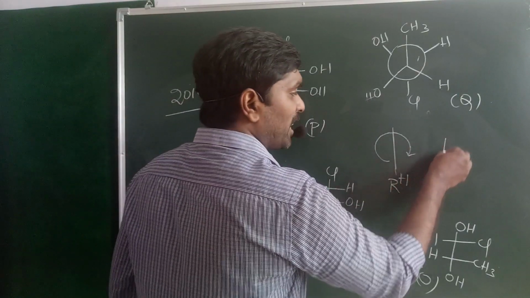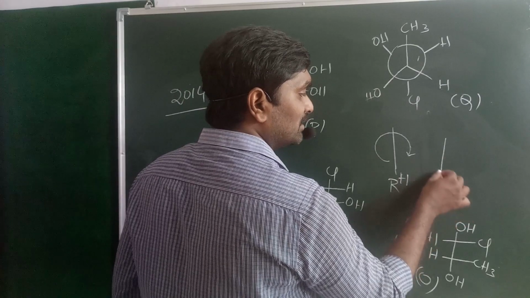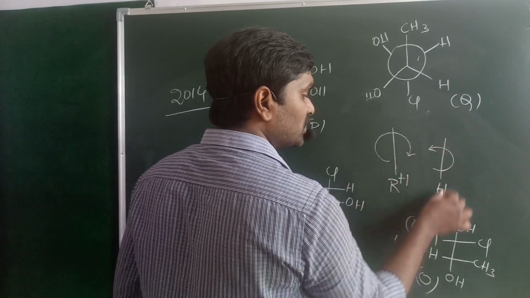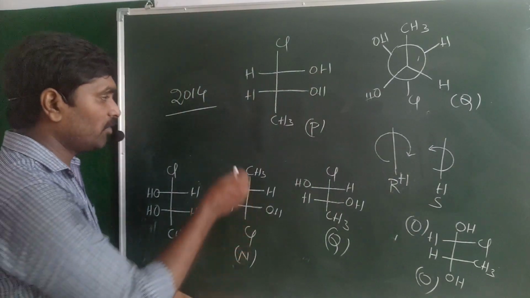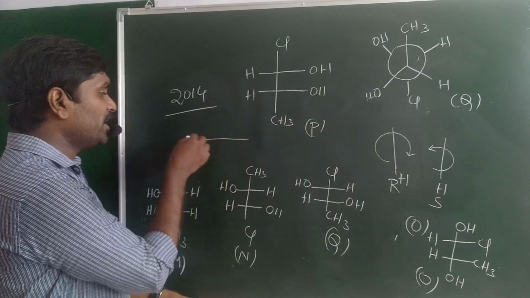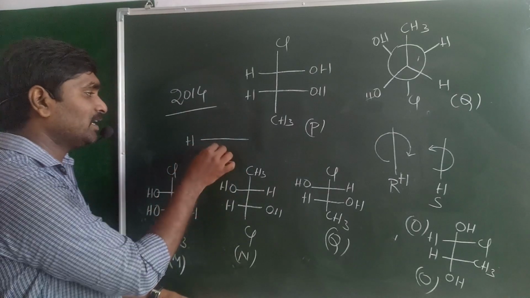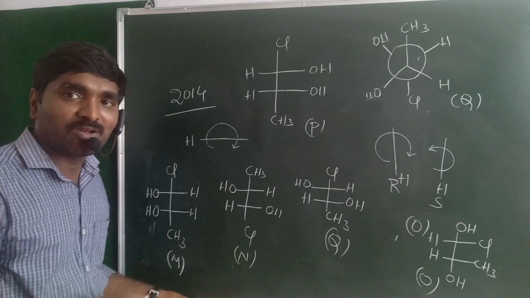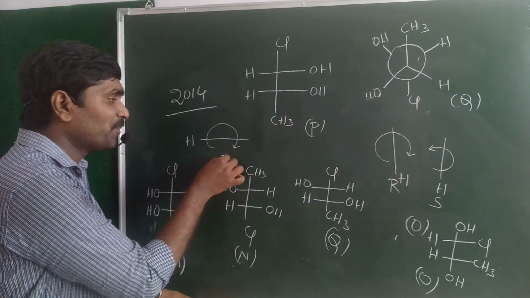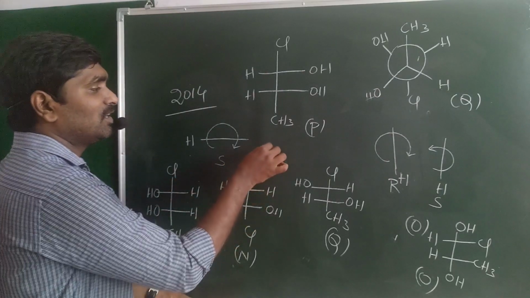When you have the least priority group present on vertical line, the remaining 3 groups are anti-clockwise, which is the S configuration. At the same time, if the least priority group is present on horizontal line and the remaining 3 groups are clockwise, which is the S configuration.